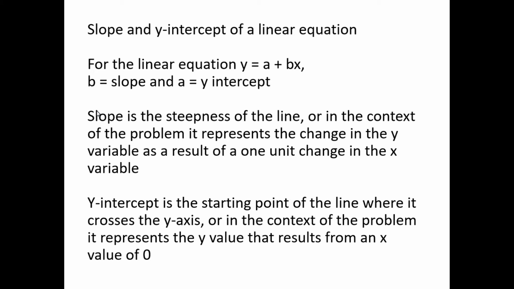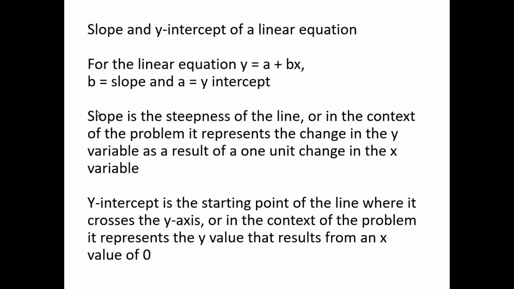Slope and y-intercept of a linear equation are important to understand in context. So for a linear equation, y equals a plus bx, b is the slope and a is the y-intercept. What b represents, the slope or the steepness of the line, is the change in the y variable as a result of a 1 unit change in the x variable.